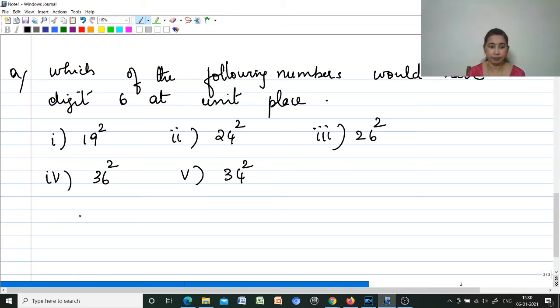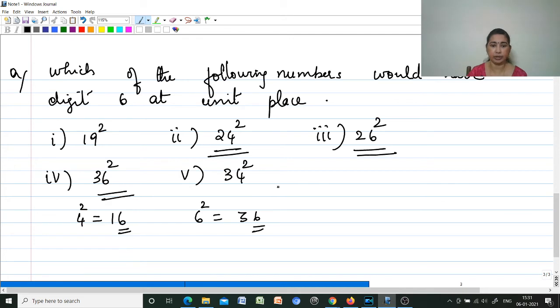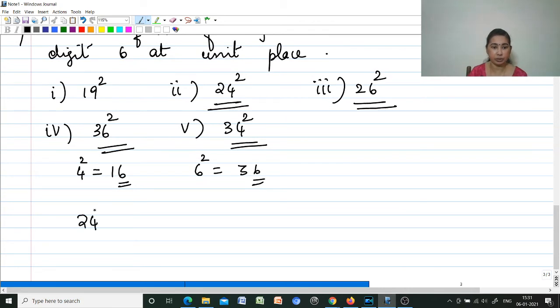We know that 4 square gives the last digit 6, and 6 square also ends up with 6. So 24 square, 26 square, 36 square and 34 square all end up with 6 in the unit place. 24 square ends with 6, because 4 fours are 16. 26 square also ends with 6, because 6 square is 36.